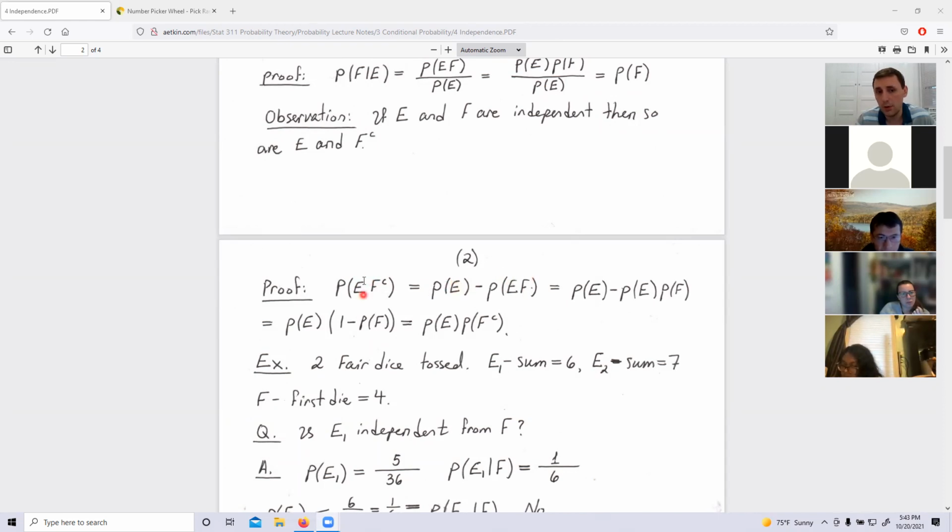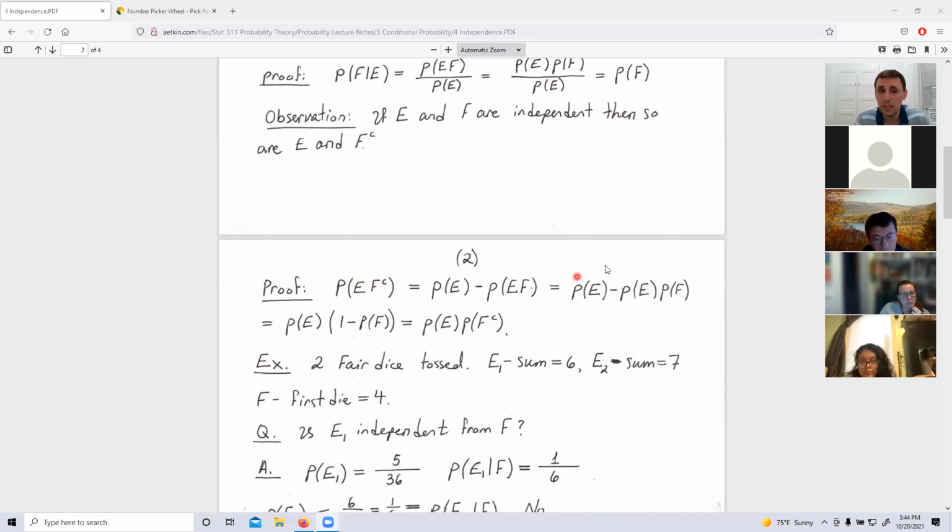Basically, we know that this is part of E. E can be broken into E and F complement, and E and F. So we can then write it this way. And here I can use the independence of E and F to write them as a product. And here then I can factor probability of E. So you can see that 1 minus probability F is probability of F complement. So again, we observe the probability of E and F complement is the probability of E times the probability of F complement.